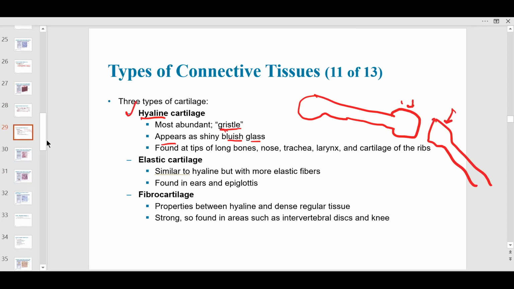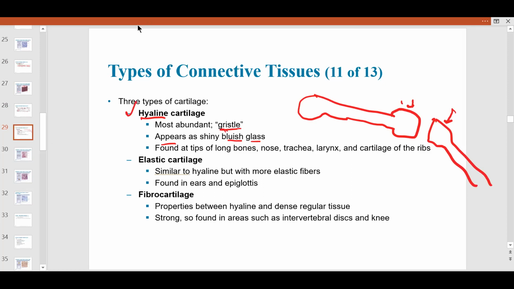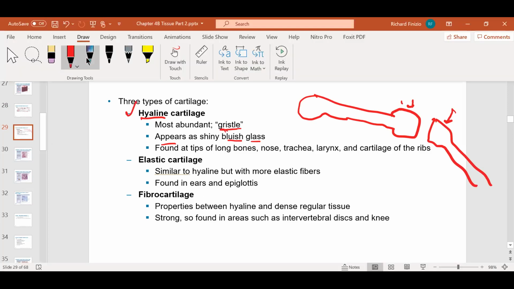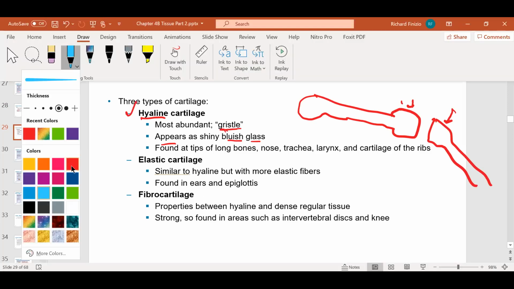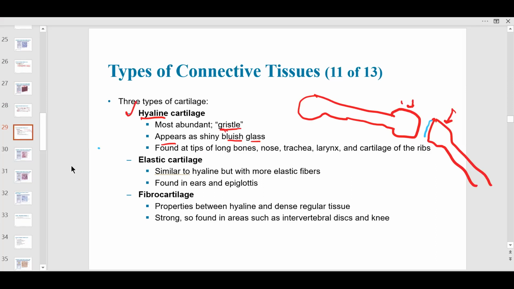So the ends of all joints, let's get this down now, why not? The end of all joints has a remnant of the cartilage model on the top of it, right? And that's called articular cartilage. And it's usually blue and shiny.